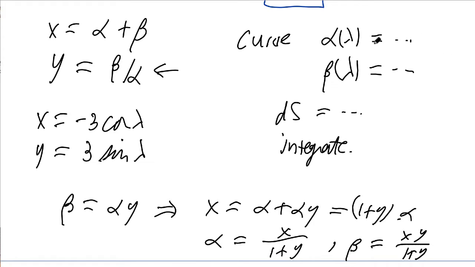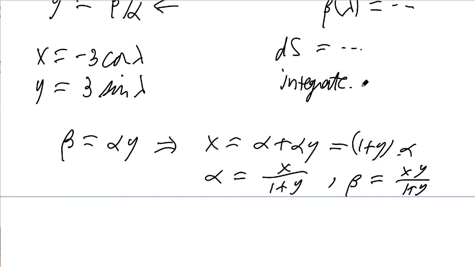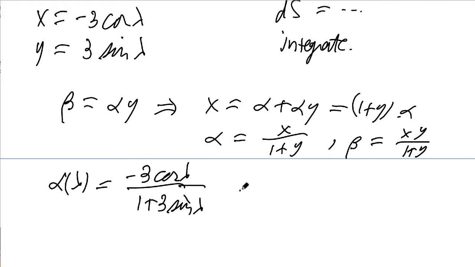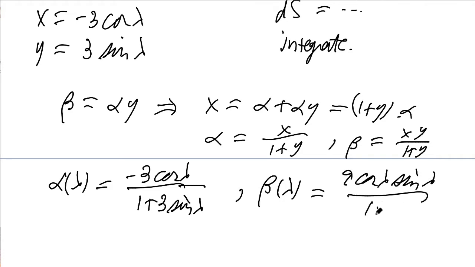So the curve, in terms of this parameter lambda, would be alpha of lambda equals minus 3 cosine lambda over 1 plus 3 sine lambda, and beta of lambda is minus 3 times 3, that would be 9 times cosine lambda times sine lambda over 1 plus sine lambda.